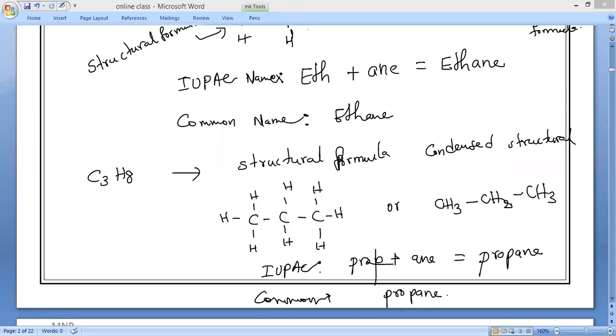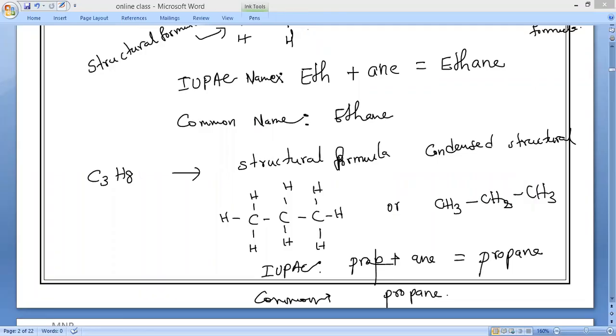We will write N-butane, N-pentane, N-hexane. From butane onwards, we will write N. N means normal. That is the first isomer of butane. Methane, ethane, and propane do not have any isomers. Only from butane does it start forming isomers, so we always use N-butane, N-pentane, N-hexane.